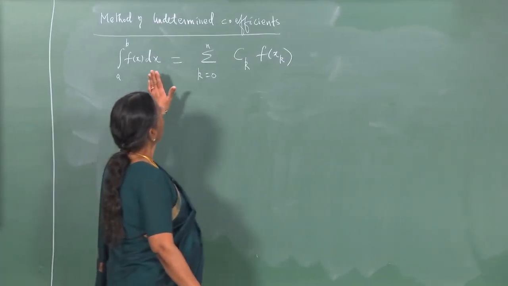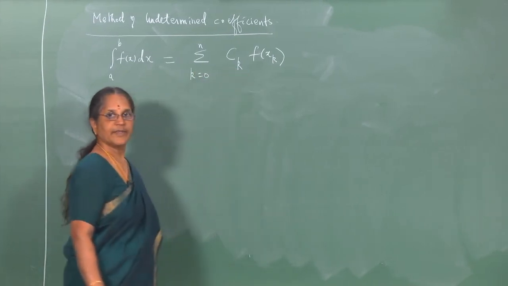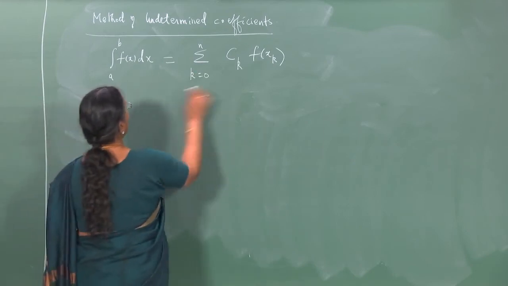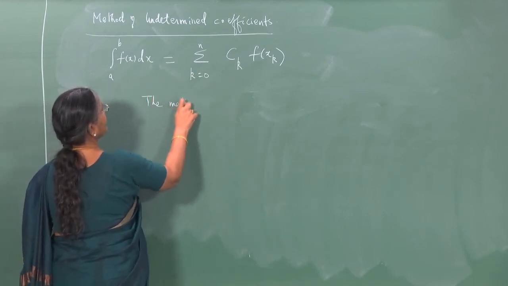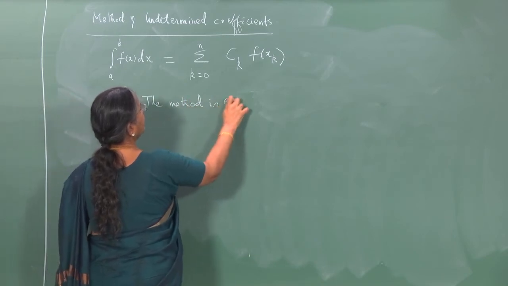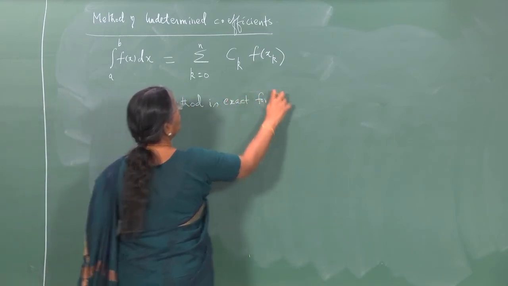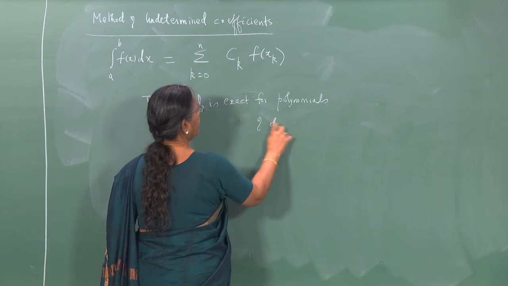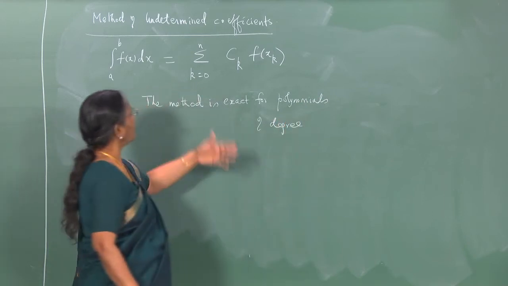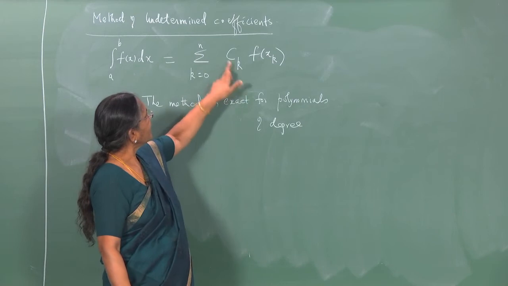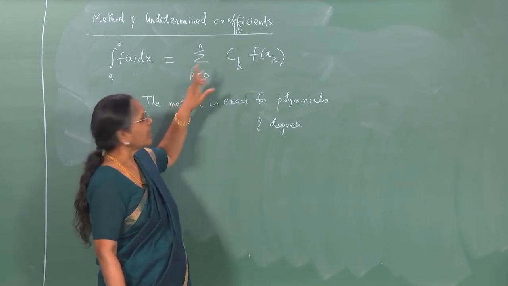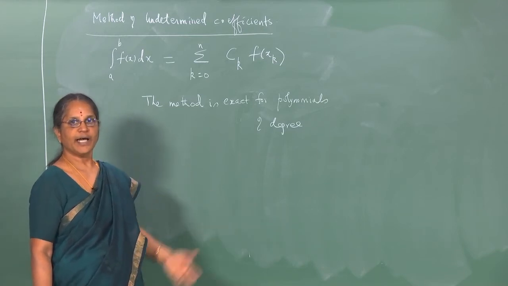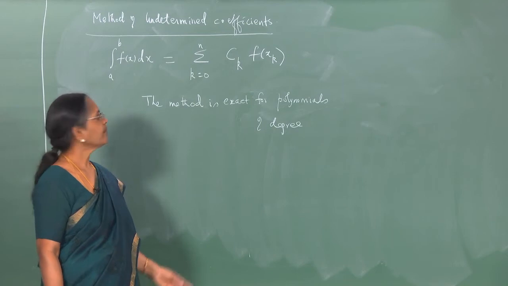And the constants c k can be determined in such a way that the method is exact for polynomials of degree, let us see up to what. How many unknowns are there? The c k's are n plus 1 in number, k runs from 0 to n. So, there are n plus 1 unknowns which have to be determined.